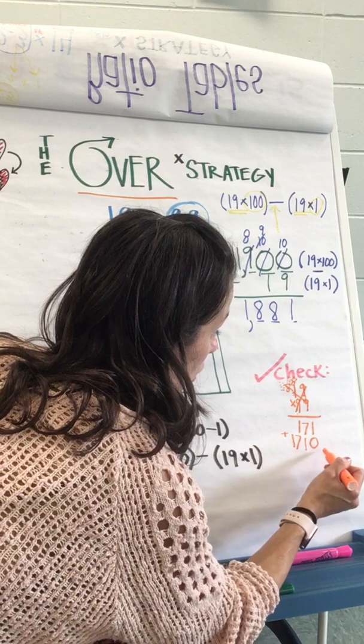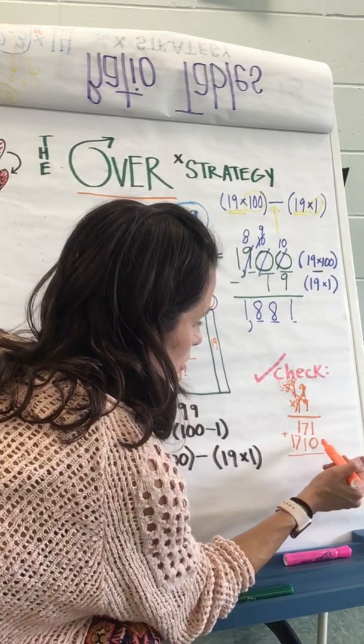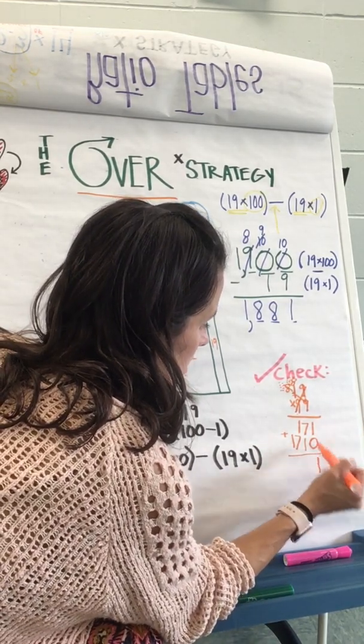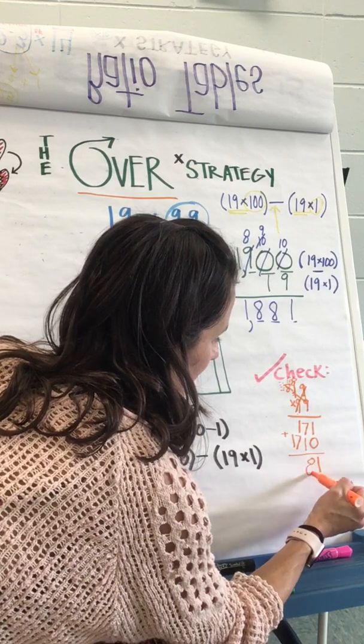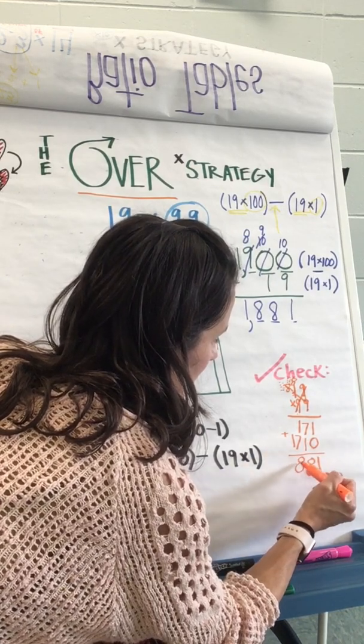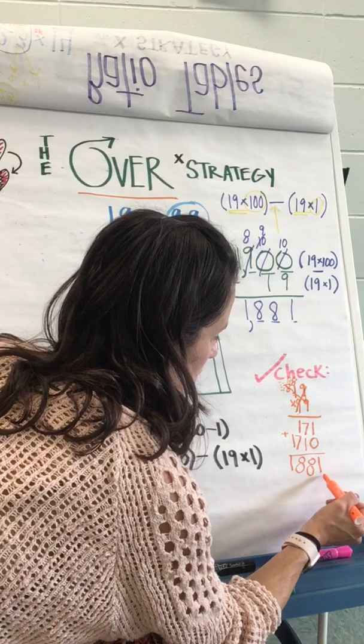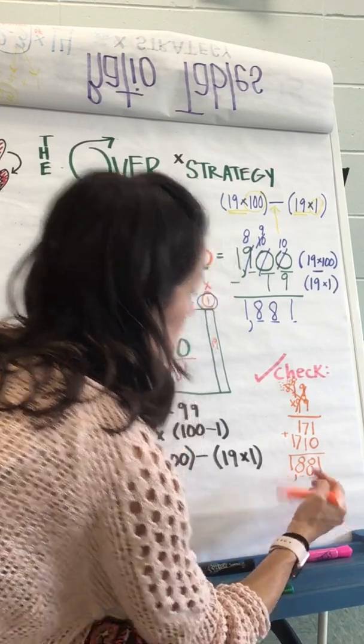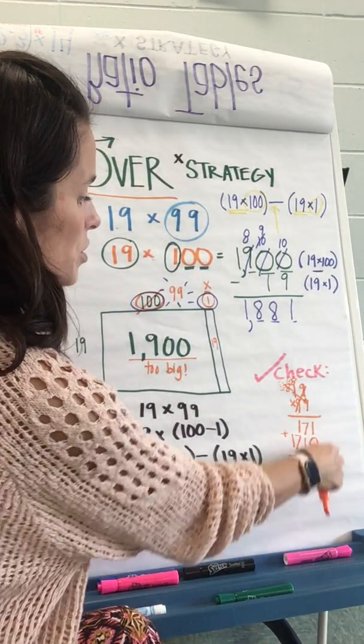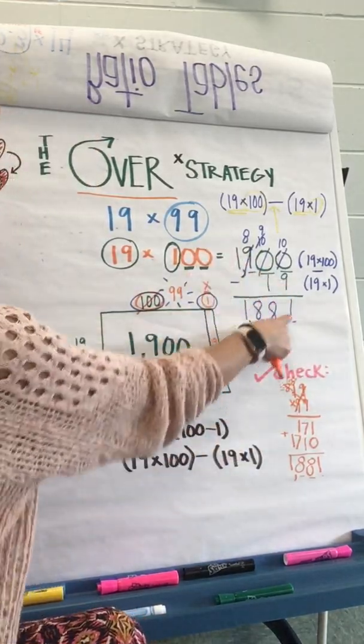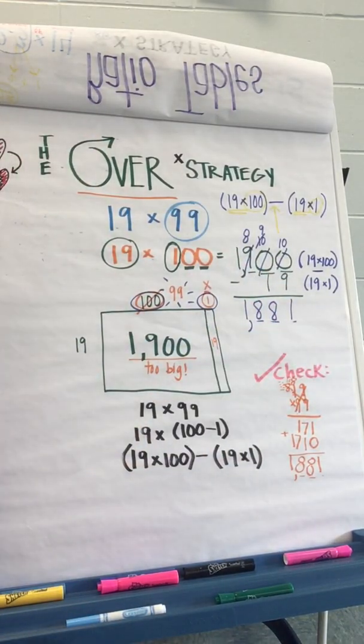Okay, adding up my partial products. Talked about that yesterday. So 0 plus 1 is 1, 7 plus 1 is 8, 7 plus 1 is 8, and my 1. So take 3 steps and I kick. So my answer is 1,881 using this method. Hey, that's the same answer I got using this method, okay?